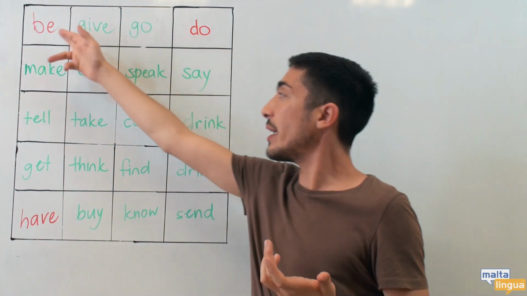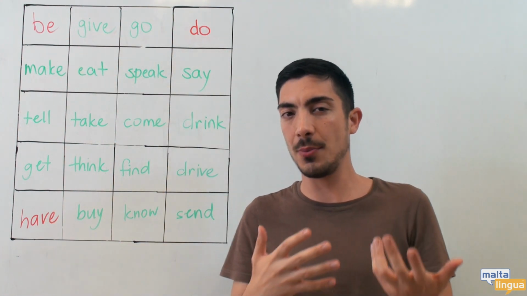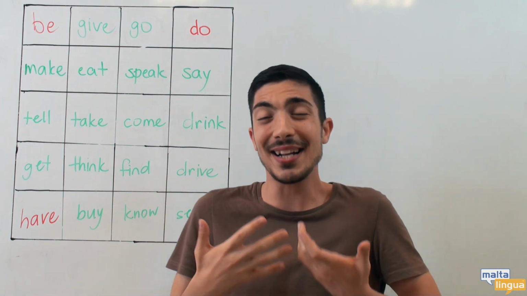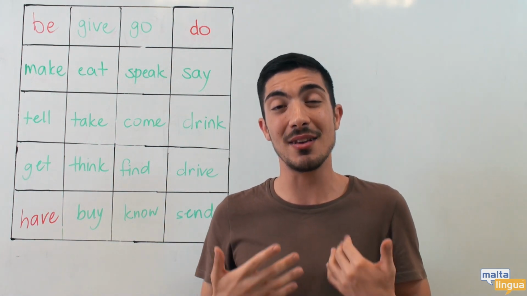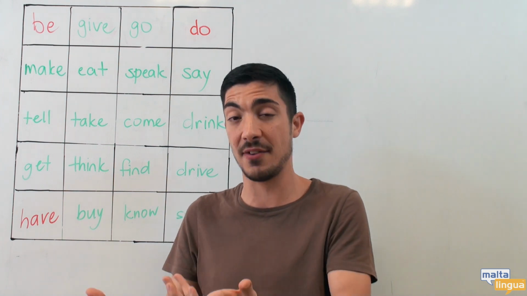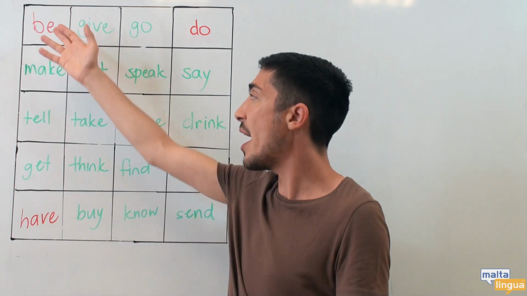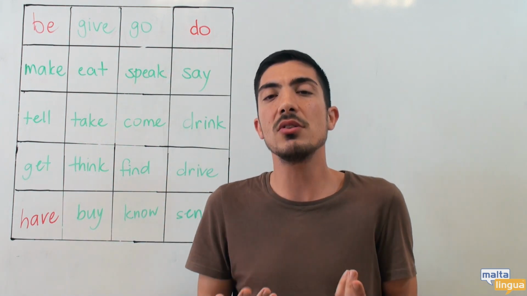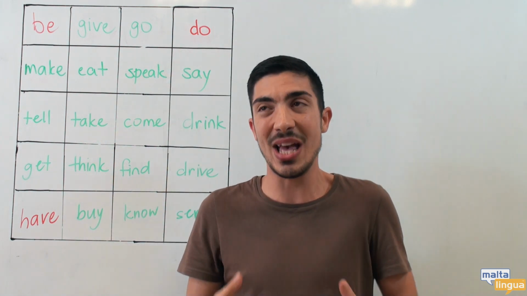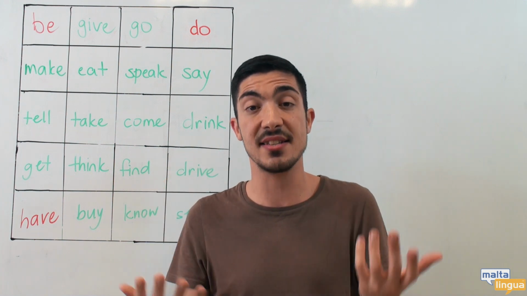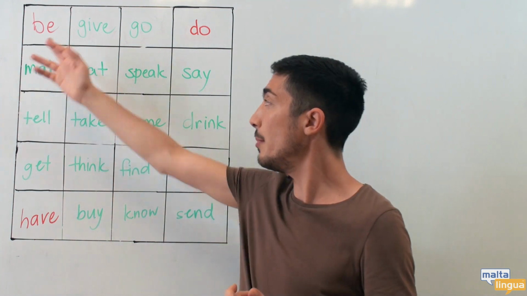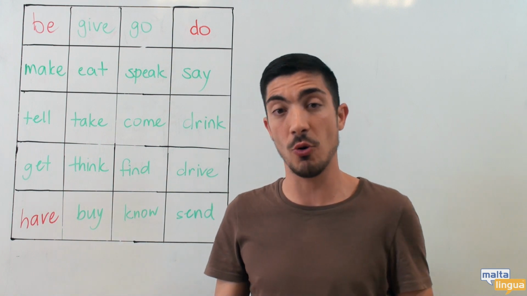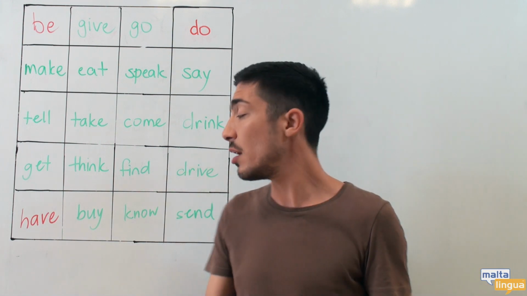Now, I'm going to quickly focus a little bit on the 3 verbs in the corner. Why are they in red? That's because besides using them as main verbs in sentences, for example, I am Maltese or I do yoga, they are also used as auxiliary verbs to help us build other tenses, other verb forms. For example, I am talking to you, or I was talking to you.